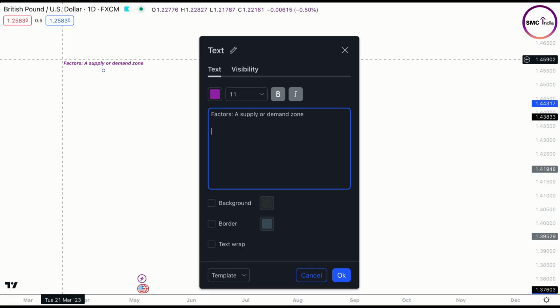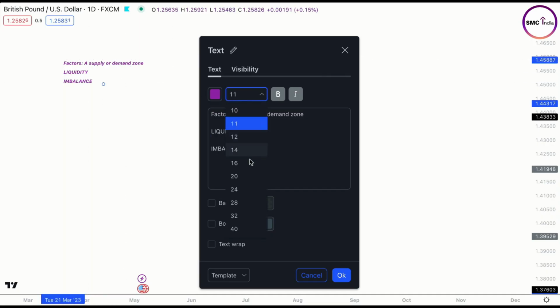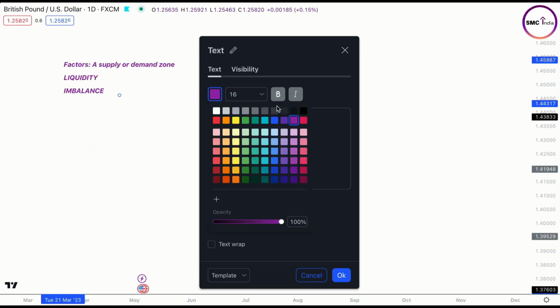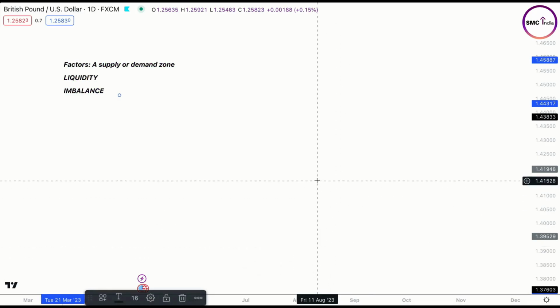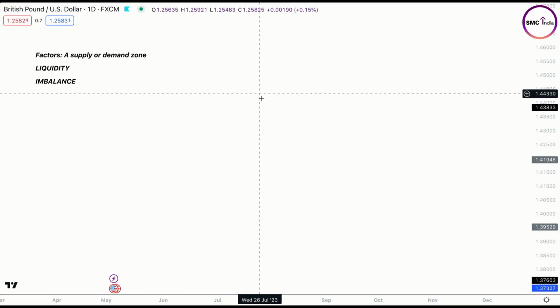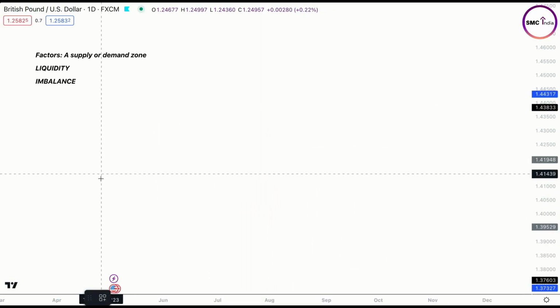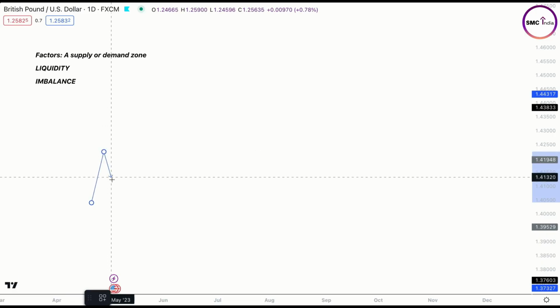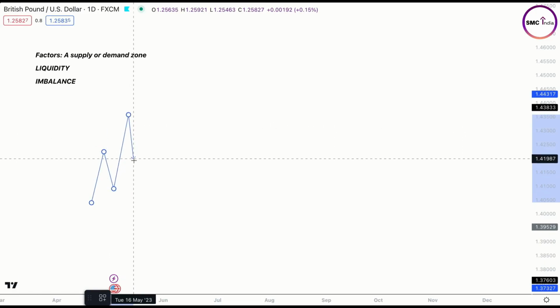Next comes liquidity, and next comes imbalance. Now I'm going to show you how these factors are important to determine your take profit levels. Firstly, I'm considering it for a bullish market. Suppose you see that the price moves up like this.